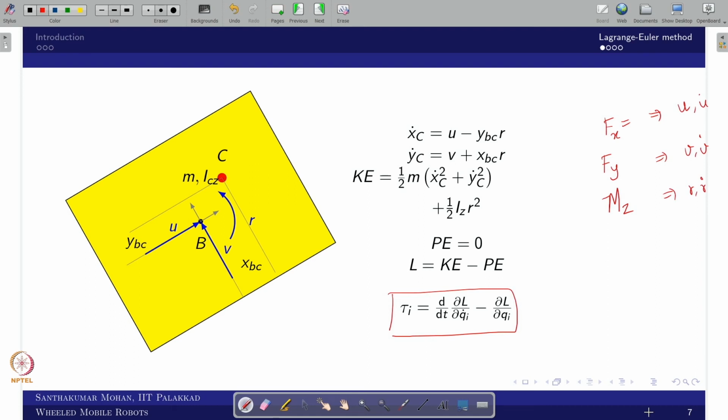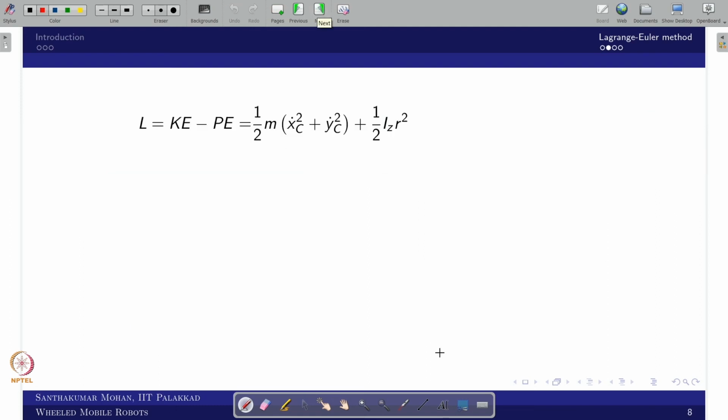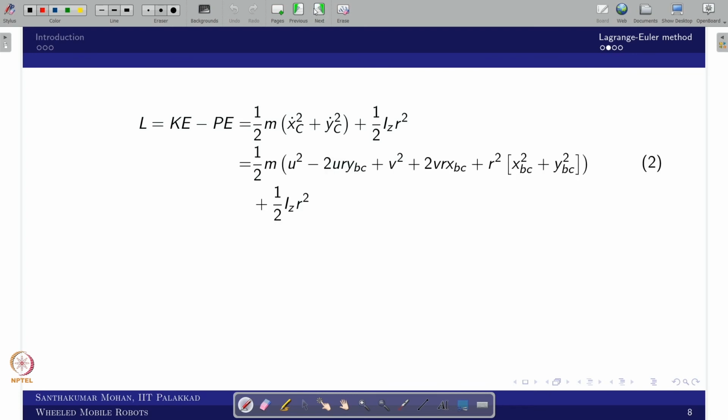So for that, the first thing is we will take this and move forward. What that means is we will partially differentiate with respect to u, then we will take v and take r, and we will try to take the time derivative. That is what I am doing one by one.